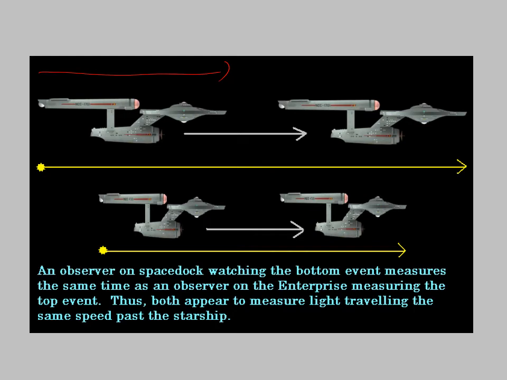Whereas someone watching sees it take longer. Well, time's running slower for you, and so that means that to get from the front to the back in that same length of time, you actually have to be smaller. And so the faster you go, the further you shrink. That's called length contraction.